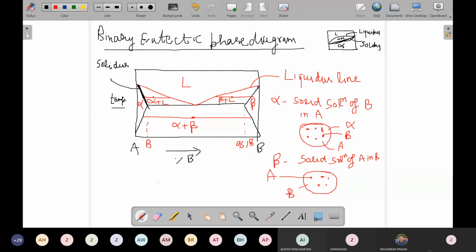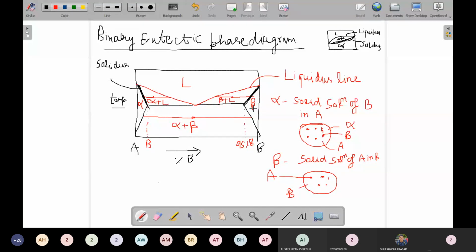Now what do we call this line? Yes, anyone? Solution line? No, this is also the solidus line. Why? Because it also separates, this beta is the solid phase only. So what is the definition of the solidus line? The line which separates one solid phase from another solid and liquid phase.